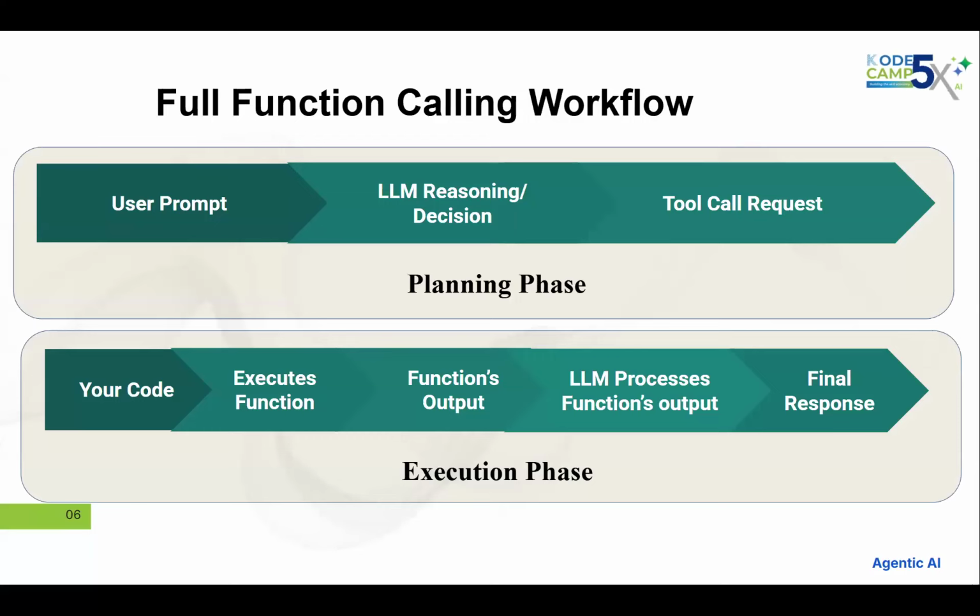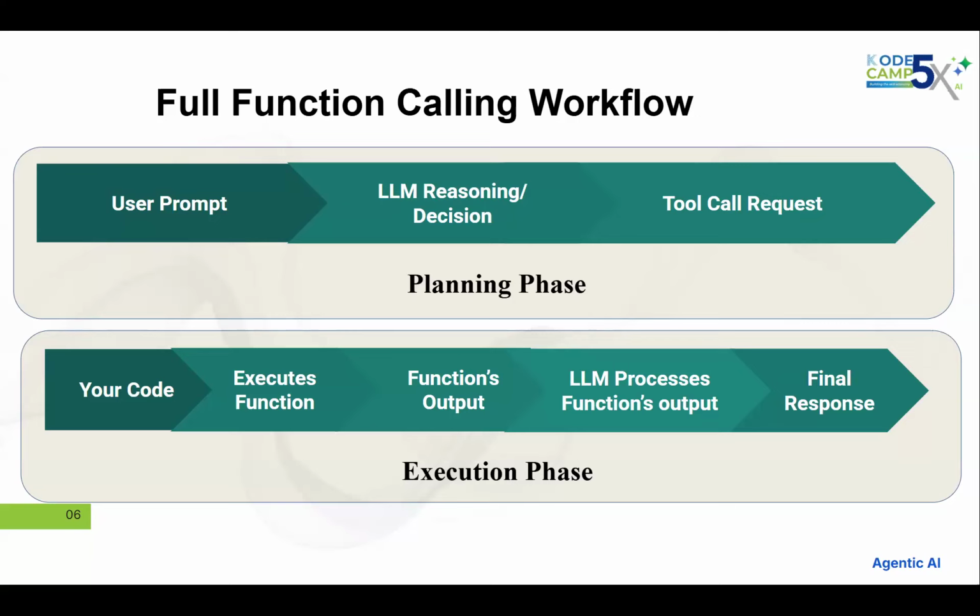Now, when the model makes that tool call request by generating that JSON array, obtaining the name of the function or tool and the arguments that should be used in calling it, it's now left for your code.